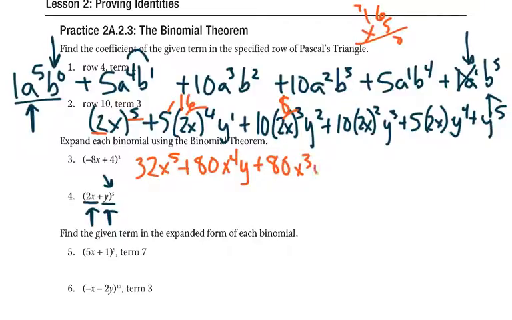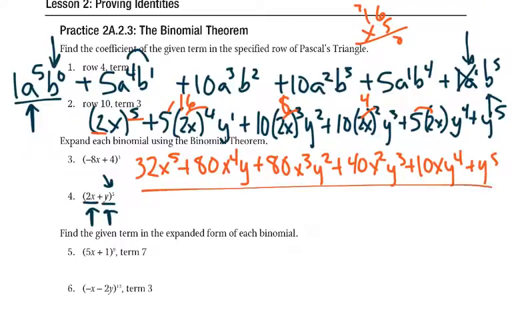X cubed, y squared, plus 2 squared is 4. 10 times 4 is 40. X squared, y cubed, plus 5 times 2 would give us 10x, y to the 4th, plus y to the 5th. And there's our polynomial for that one.